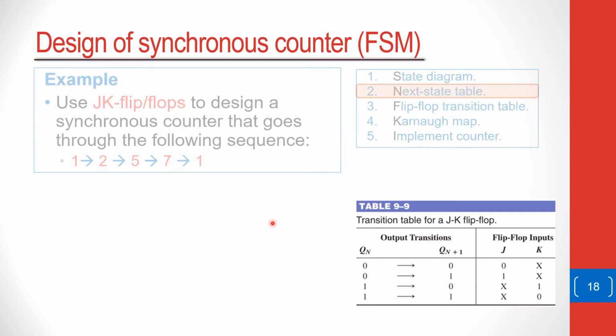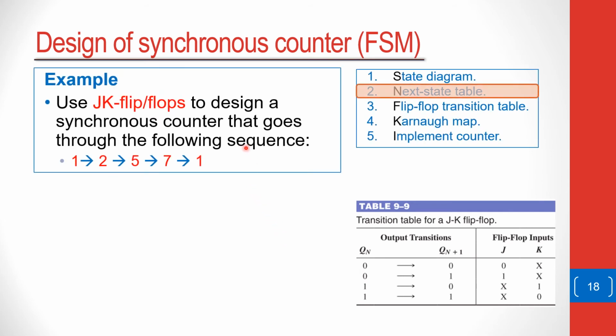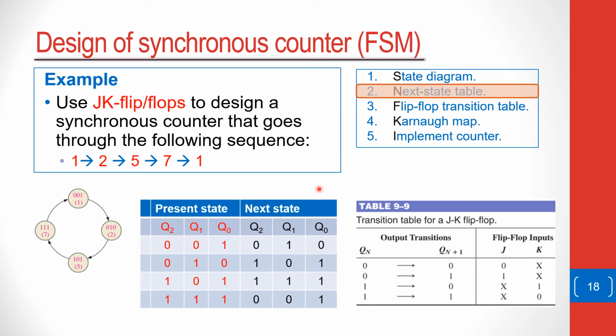Now our next task is to draw the next state table, and in that task the table remains the same, because remember the next state table is simply a different version of the state diagram itself.